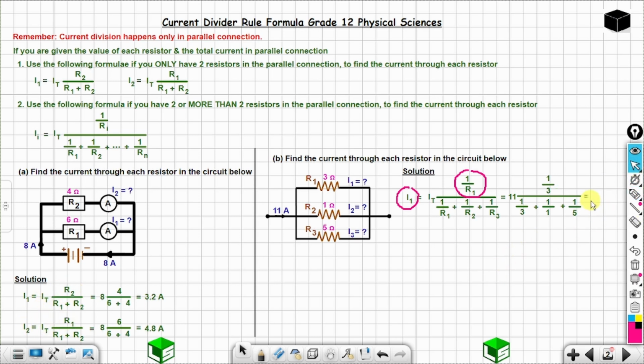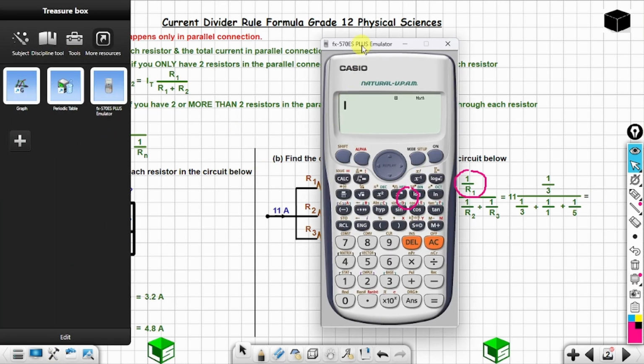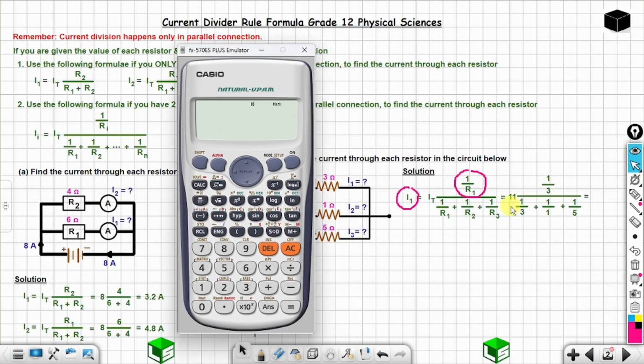This is equal to, you can use your calculator, 11 times 1/3, over 1/3 plus 1/1 plus 1/5.